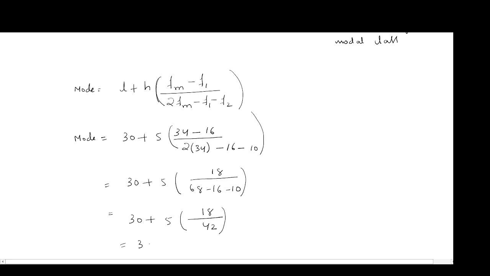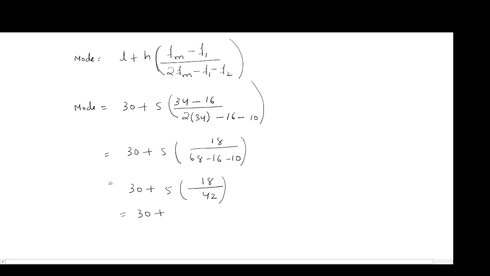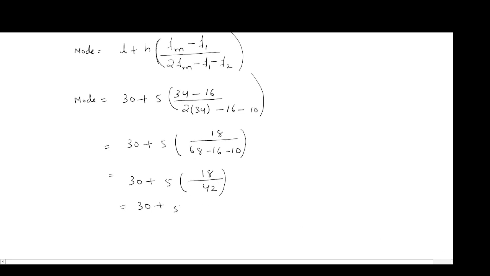Now again keep 30 as it is plus 5 as it is. Now solve this term. 18 divided by 42 is 0.428. Now again keep the 30 as it is. Now multiply with 5. So you will get 2.142.